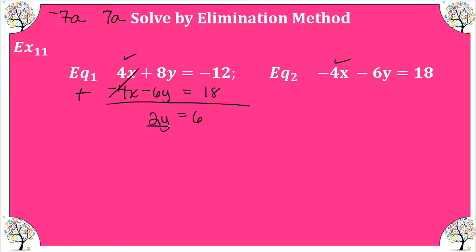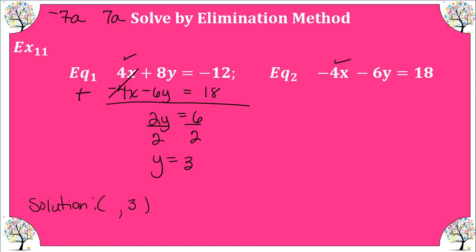Now we just simply solve for the y variable, and we have y is equal to 3. So our solution has a y coordinate of 3. Now we're just going to take this y and plug it into either equation.